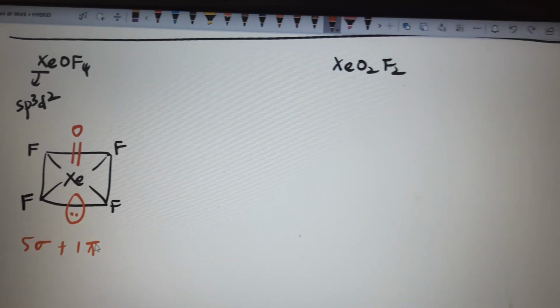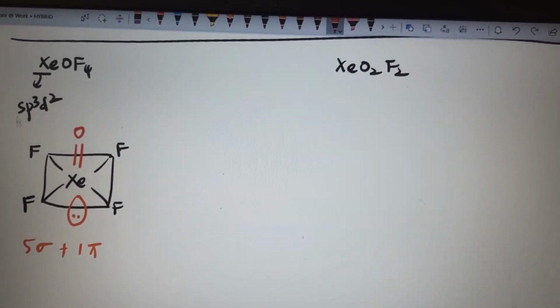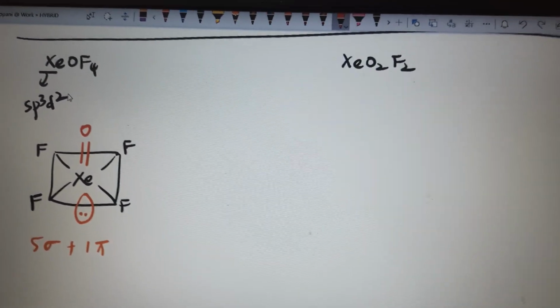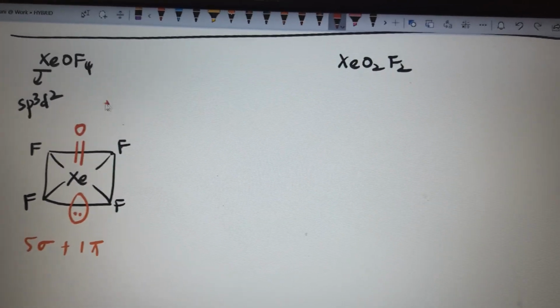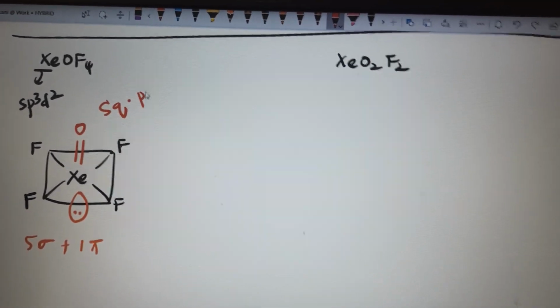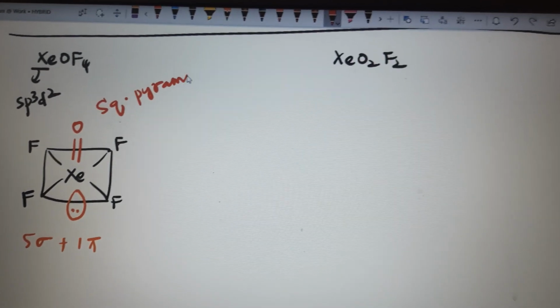That 1 pi bond is dπ-pπ, because all the p orbitals are already utilized. The structure is square pyramidal.